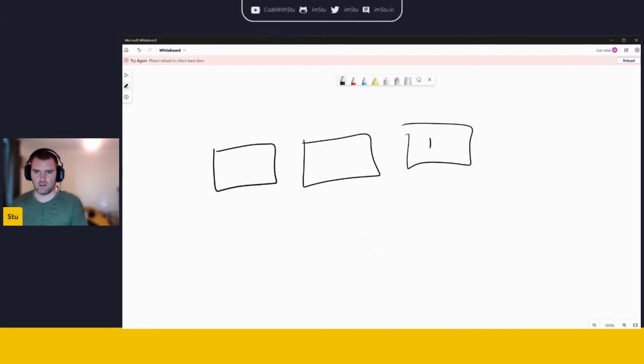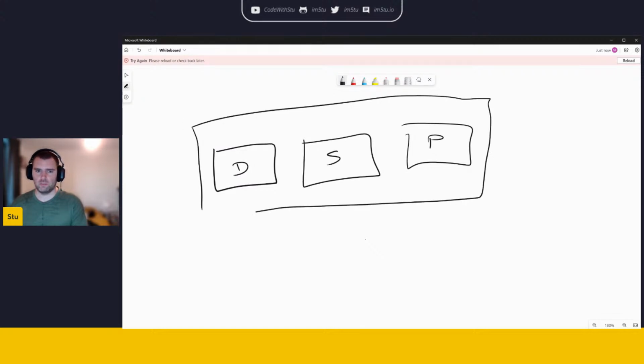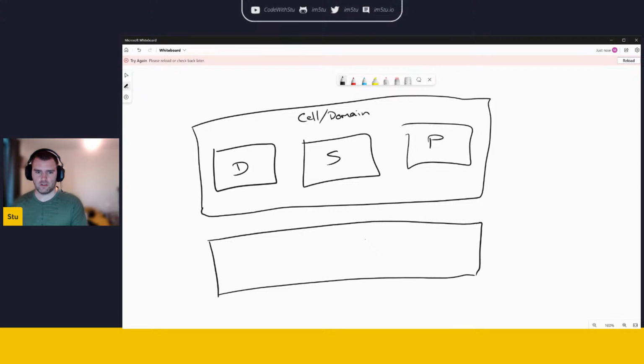Again, just imagine these are all accounts like prod, sandbox, and dev. But this would now be replicated for a cell or a domain, depending on what terminology your company uses. And then there would be another account with basically the same setup, but for a different team.